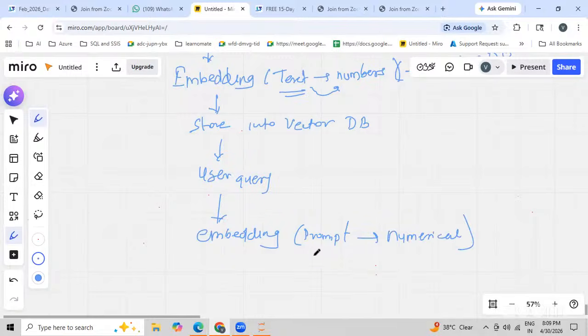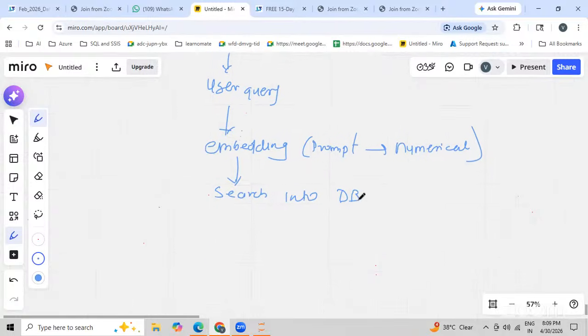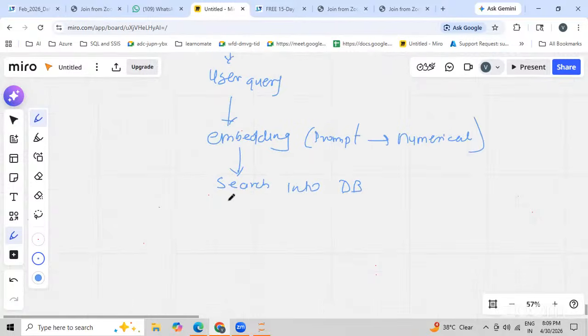Once your prompt is embedded, it will search the vector DB. On what basis do they search? Cosine similarity, very very important.